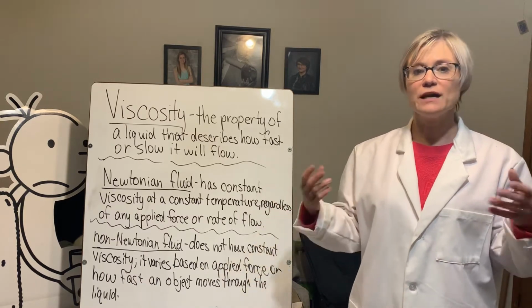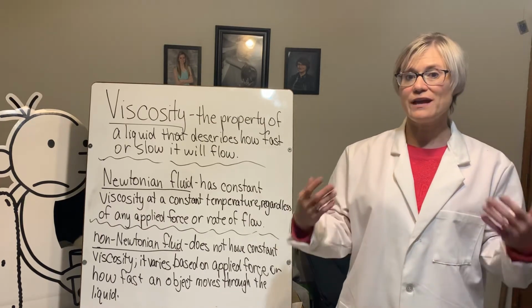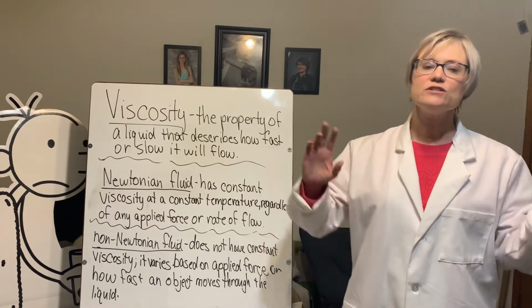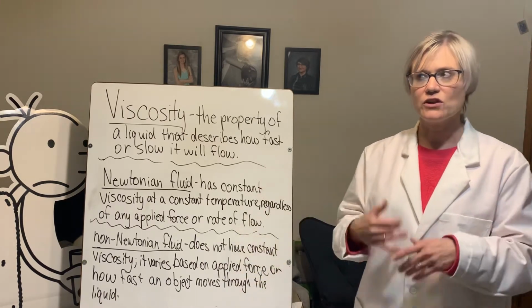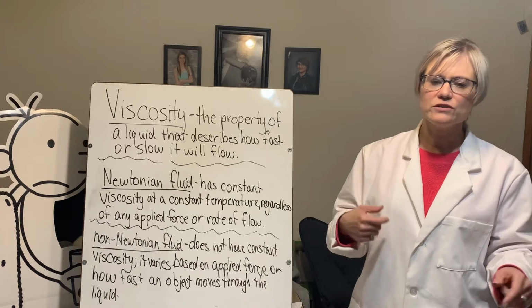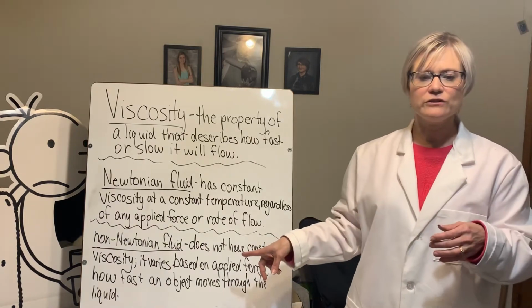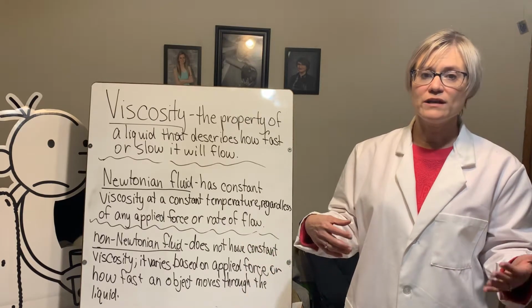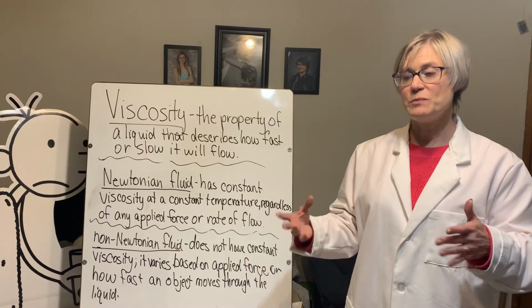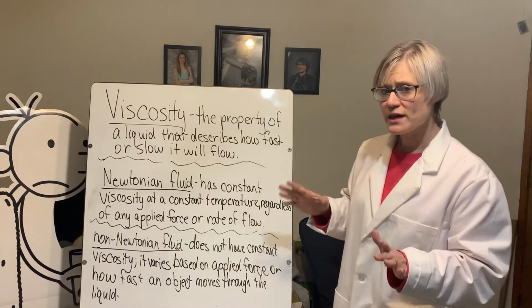When a force is applied to some non-Newtonian fluids, it will actually act like a solid. So some examples of non-Newtonian fluids are ketchup, yogurt, or gravy. Now, when you're exerting a force on a non-Newtonian fluid, it can make it flow quicker and easier depending on the force that's applied.